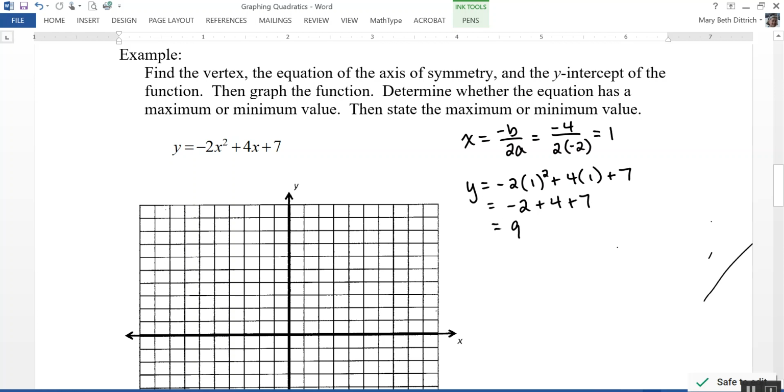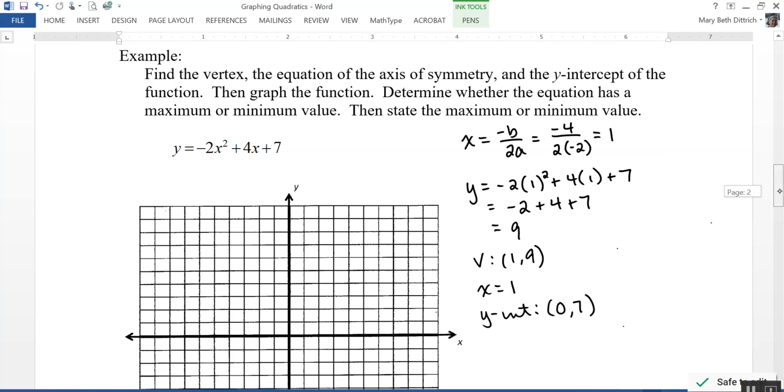So the coordinates of my vertex are going to be 1, 9. The axis of symmetry is going to be the equation x equals 1, because that's the x-coordinate of the vertex. And the y-intercept is going to be this value of c here. So my y-intercept is going to be the point 0, 7.